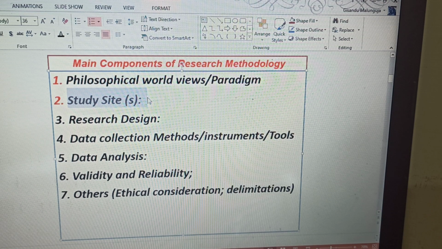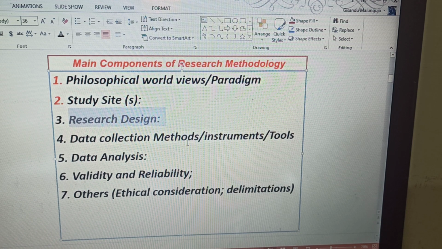It is within the research methodology where a researcher is expected to show the research design. I'll tell you what is within the research design. It is within the research methodology where a researcher is going to describe the data collection methods, or the data collection instruments or tools.